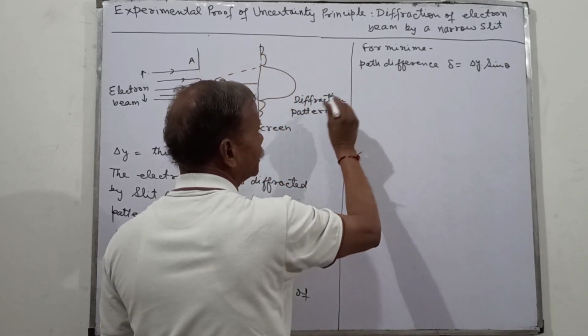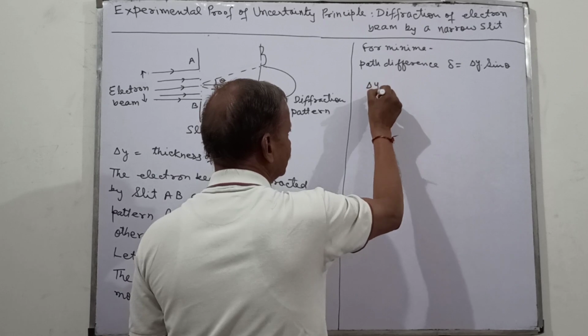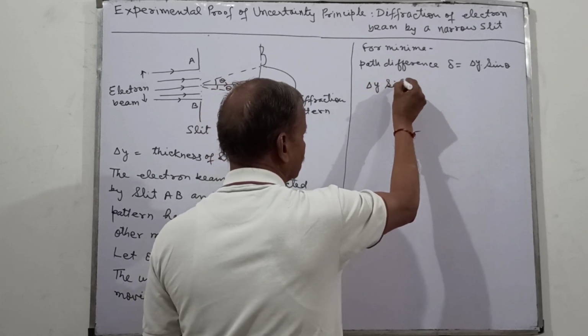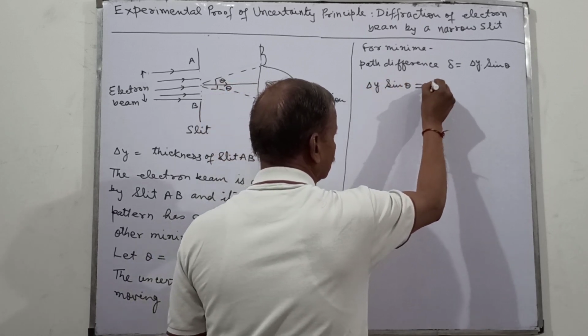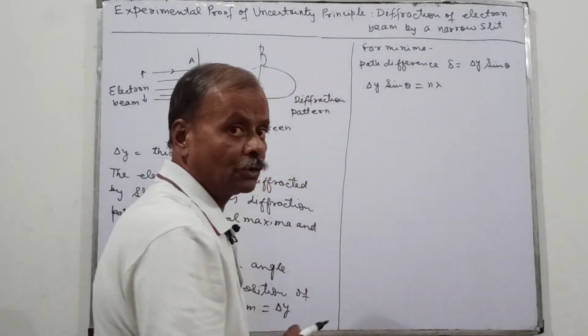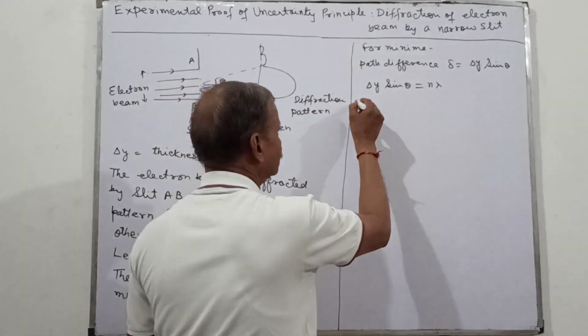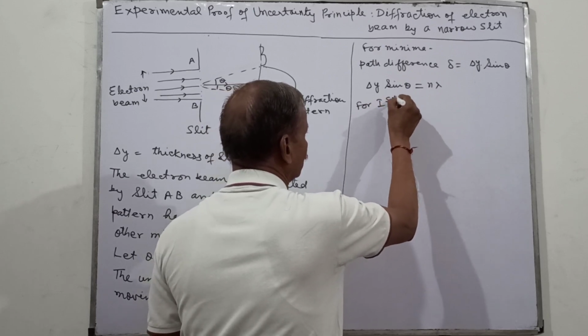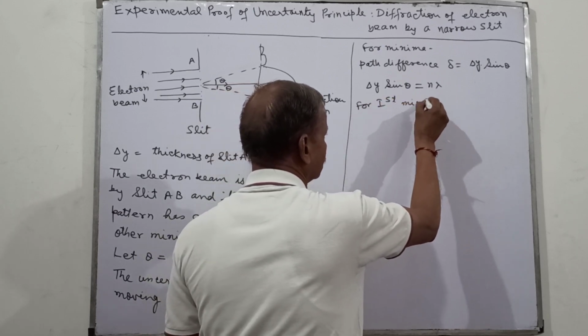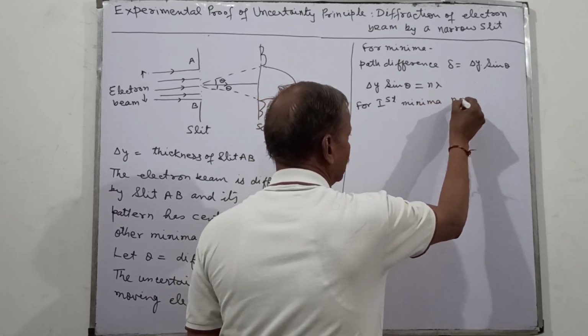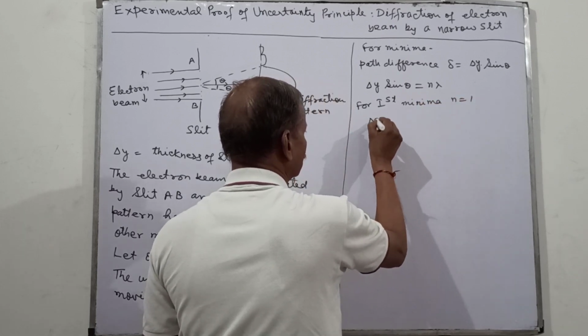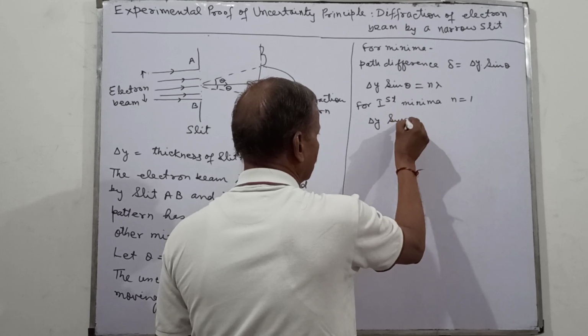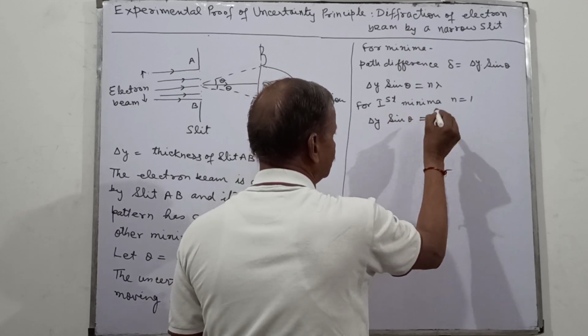So for minima we have delta y sin theta is equal to n lambda. So for first minima, n equal to 1, so delta y sin theta is equal to lambda.